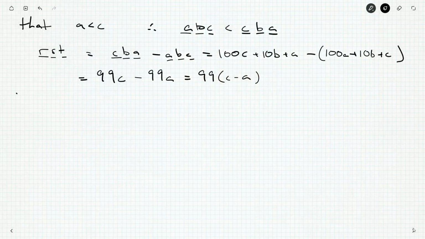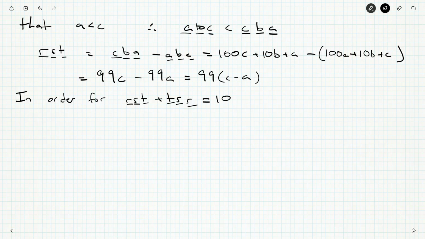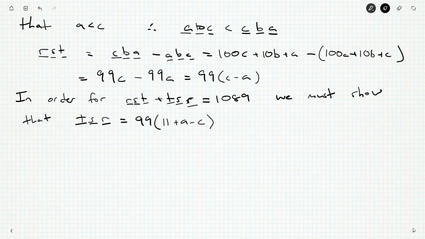So now it's up to us to show that that's the case. I'll say something like, in order for RST plus TSR to equal 1089, we must show that TSR is equal to 99(11 plus A minus C).